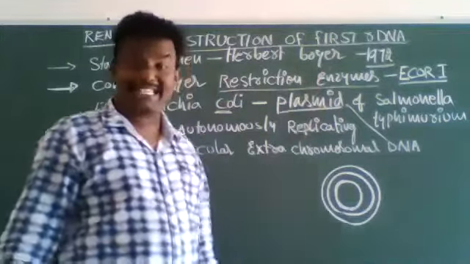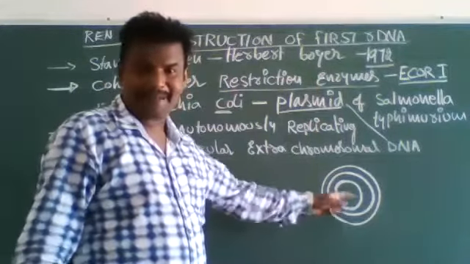Using restriction endonuclease enzymes, they will cut the plasmid. How will they cut?